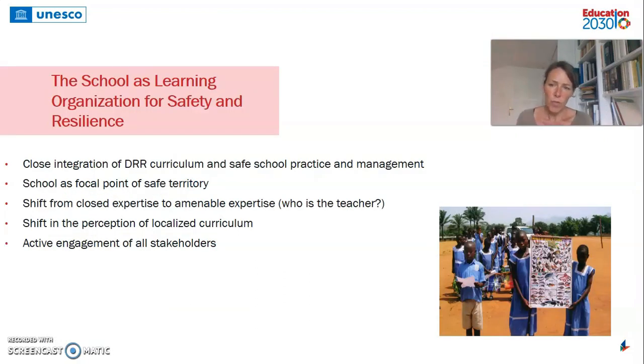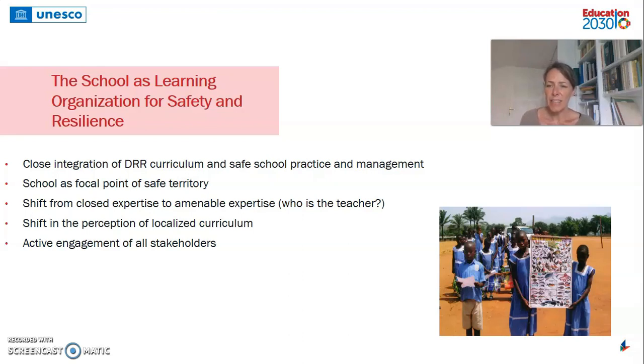Another approach we always promote and recommend is to, again, open up schools to a larger learning community, and what we call the whole school approach, so to involve not only the strict teaching community in the school, but expand teaching activities to the community, involve parents, involve professionals, involve other staff at the school.